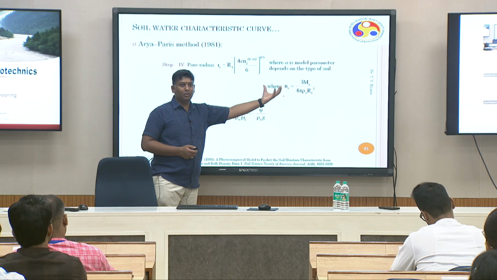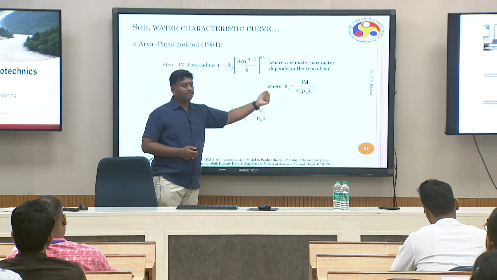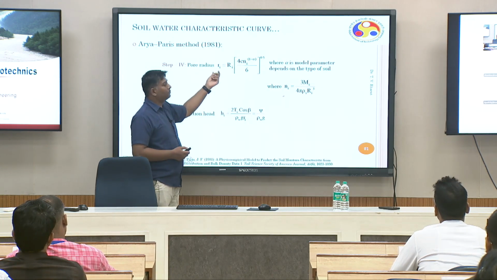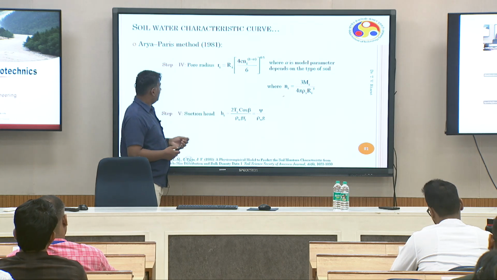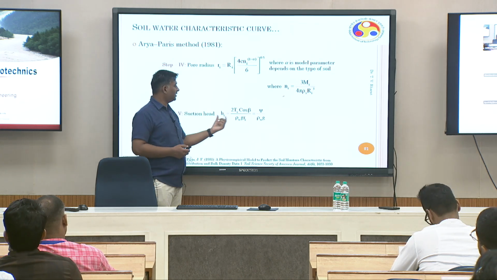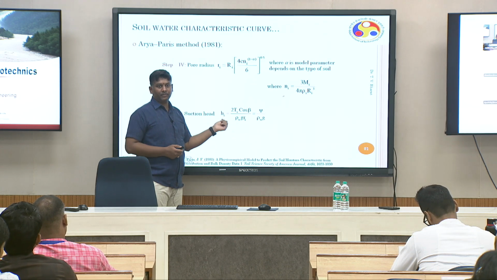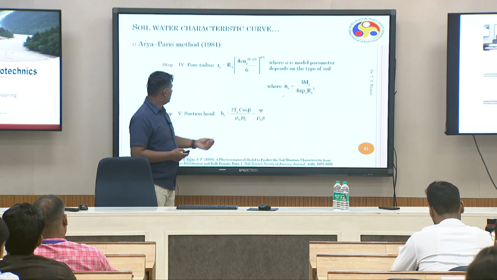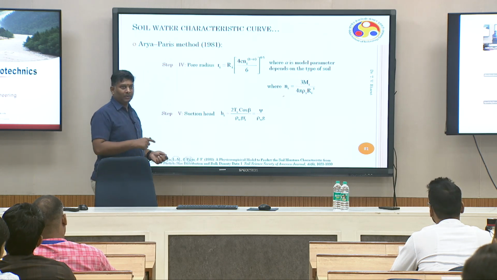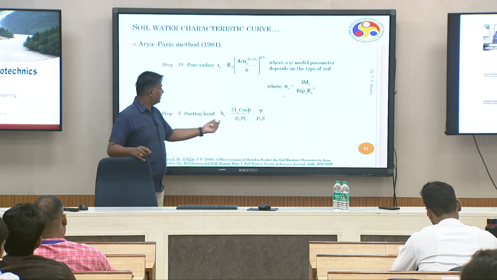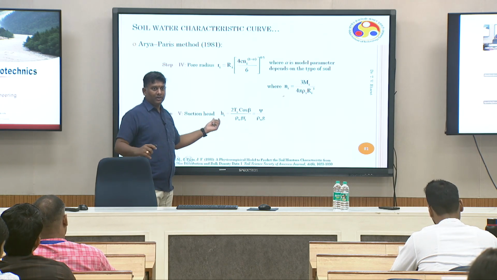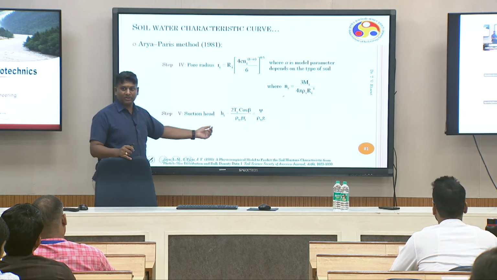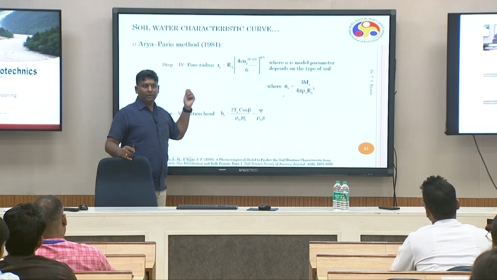Assuming it's a spherical pore, you can determine the pore radius, and substituting the pore radius in the suction head calculation, you will get the suction. In this you require cos beta, which is the contact angle, and with that you will get the h value, the head. So for a given pore, you can determine the suction head and you can determine the pore volume.